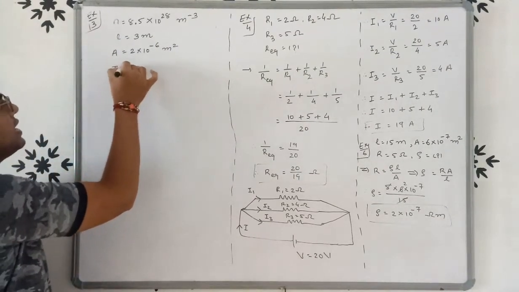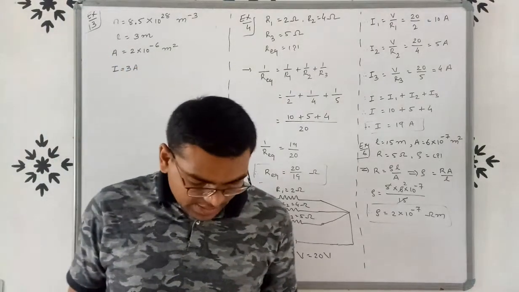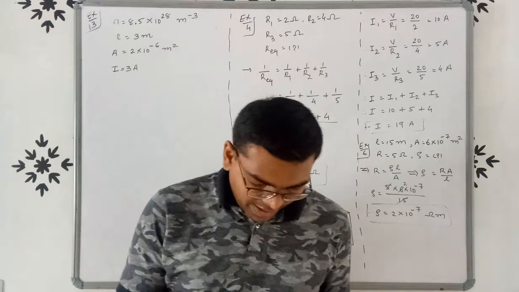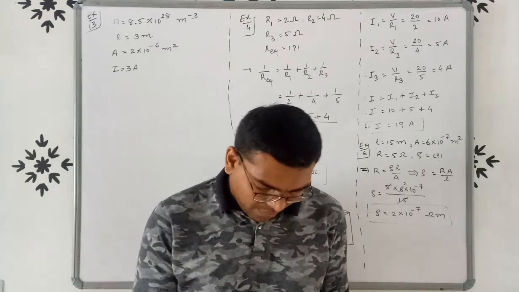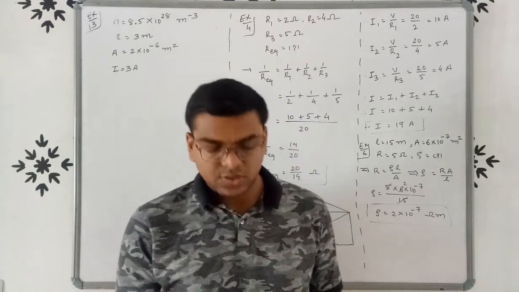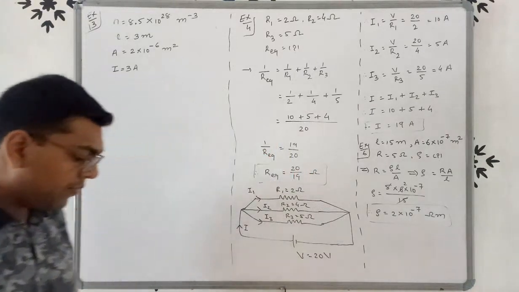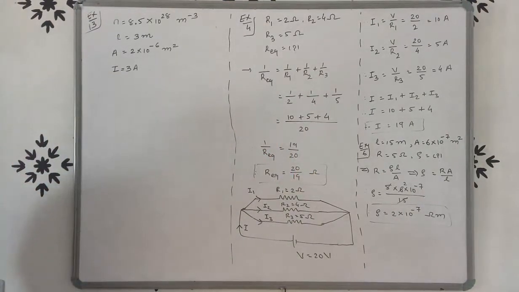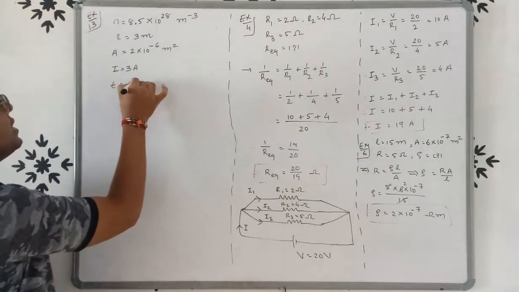So here current I is equal to 3 ampere. Now in this example we have to find out how long does an electron take to drift from one end to the other end. So we have to find out time t.